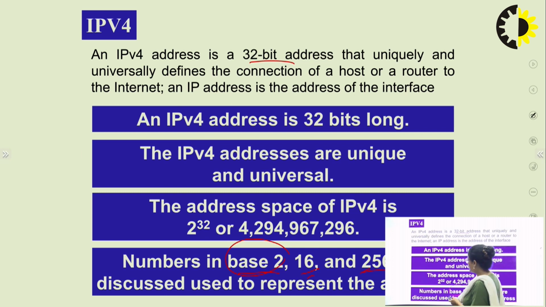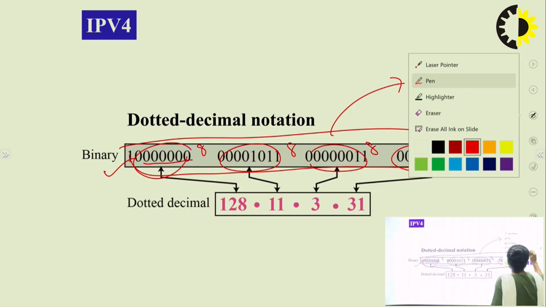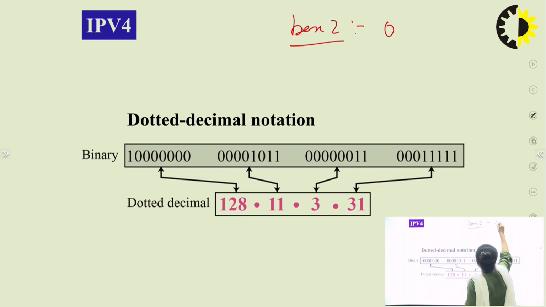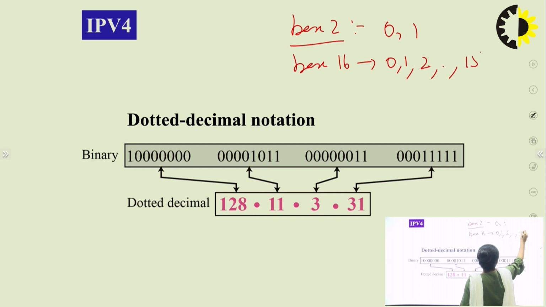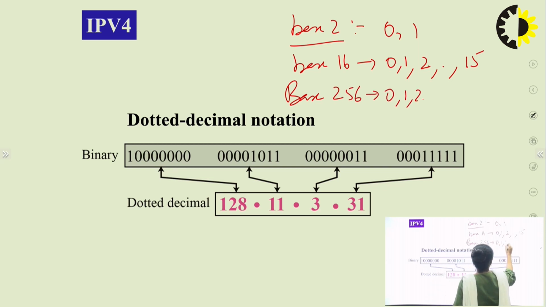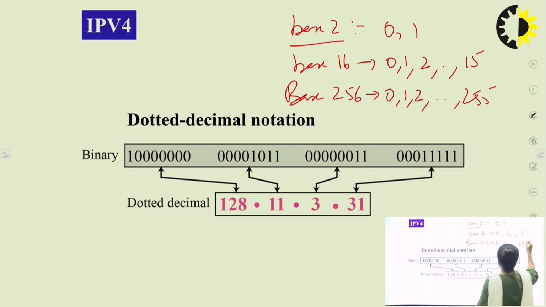When you're talking about base 2, the values range from 0 and 1. When you're talking about base 16, the values will range from 0, 1, 2 till 15. Now when I'm talking about base 256, the values will range from 0, 1, 2 till 255.